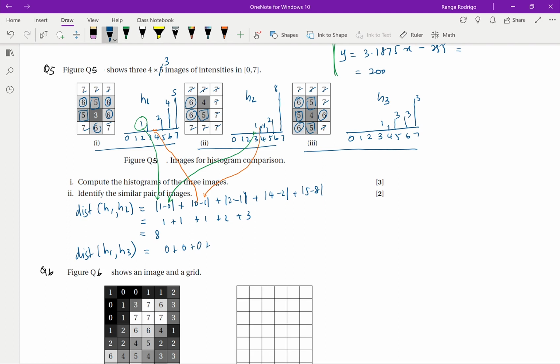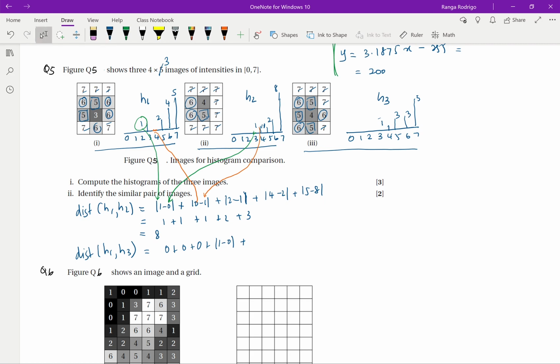For 3, the difference: this is 1 in histogram 1, and in histogram 3 the value is 0. Let me write it, 1 minus 0 plus.